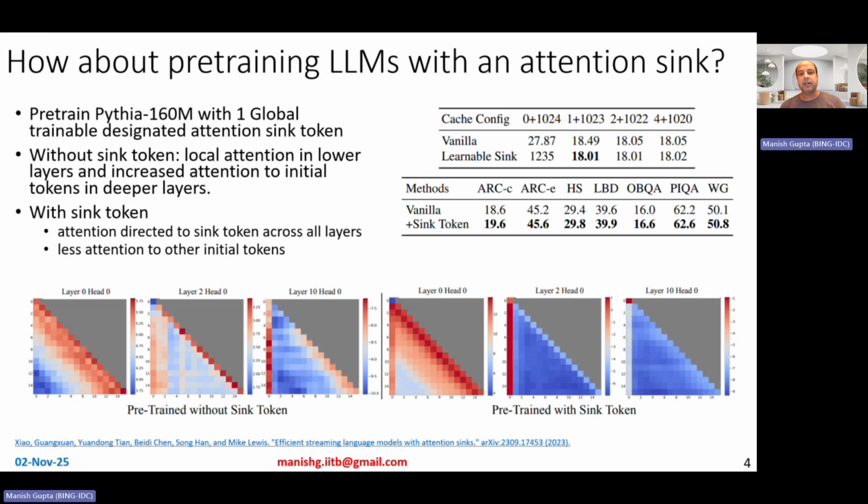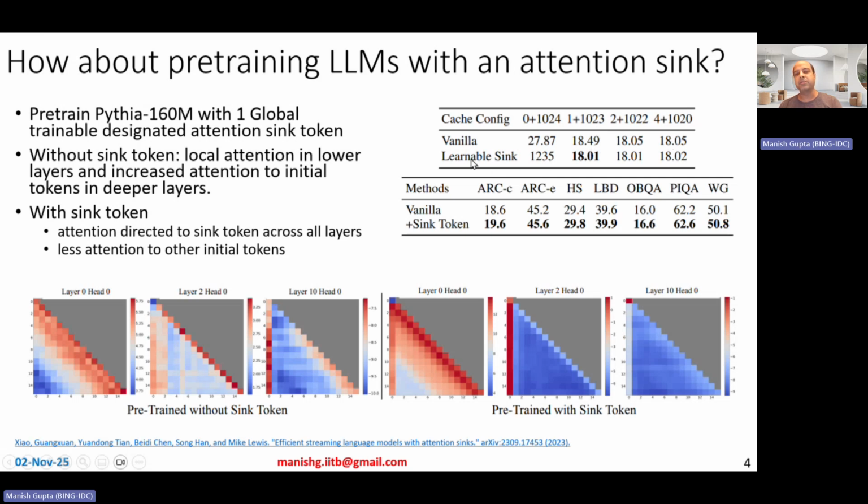Okay. Now, the idea is that if you use this sync token, you no longer need to have the first 4 tokens in the cache. You could do sparse attention or window-based attention with just one sync token. If you do not use a sync token, obviously you have very high perplexity. But if you use a sync token, the perplexity values start dropping from the first token itself. You don't need more tokens to have dropped perplexity values. With vanilla streaming LLM, the perplexity values are lower, but reasonable.